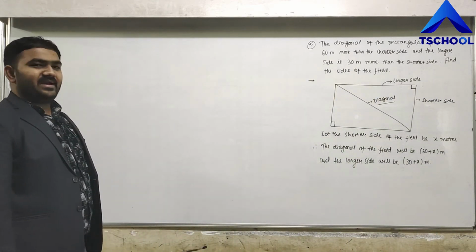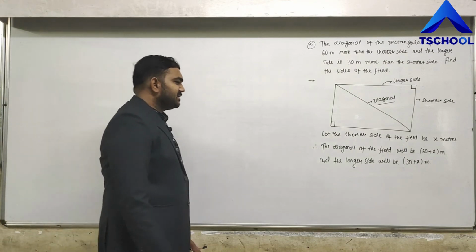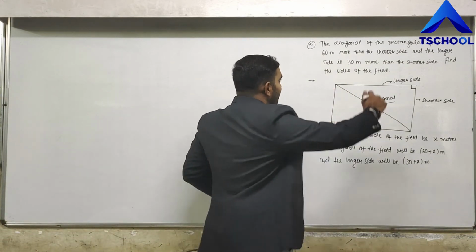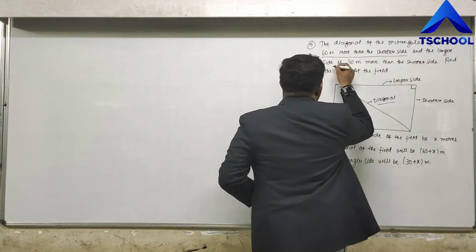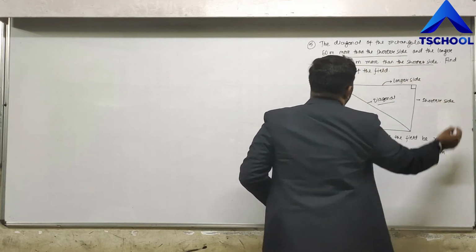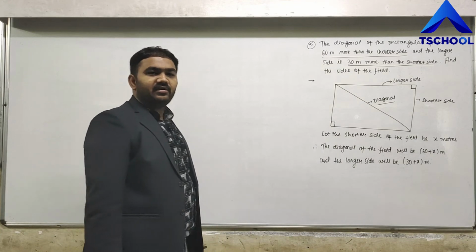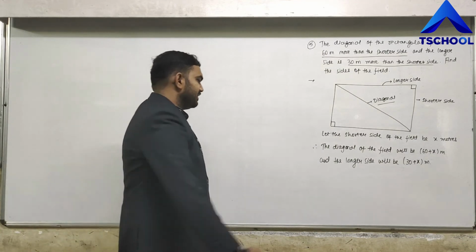Shorter side of the field be x meters, therefore diagonal is 60 meters more than the shorter side, as it is clearly given here, and the longer side is again 30 meters more than the shorter side, so we have taken 30 plus x as the longer side.